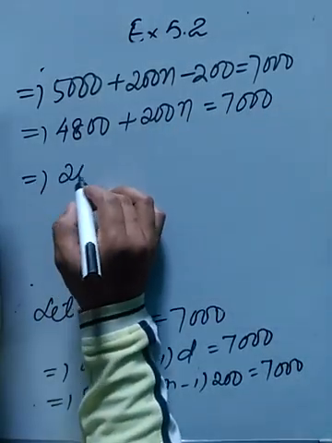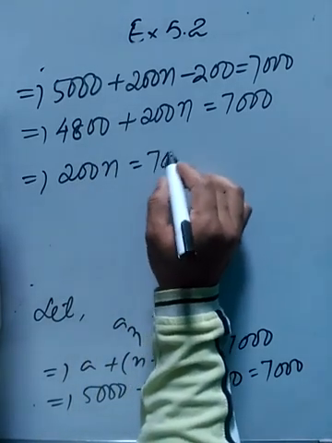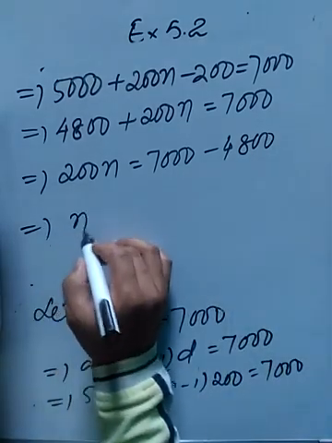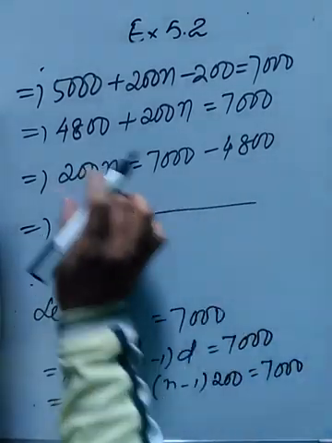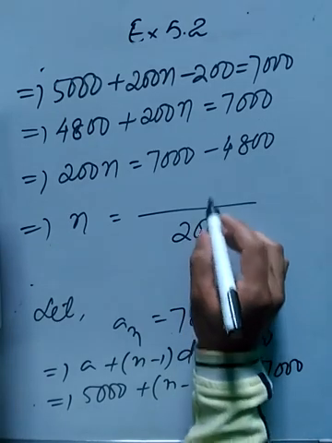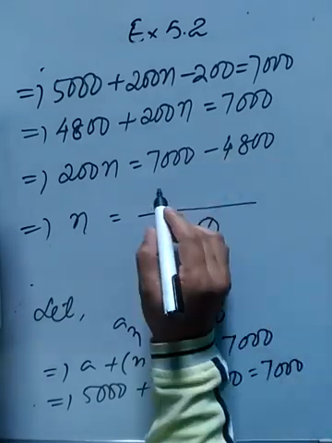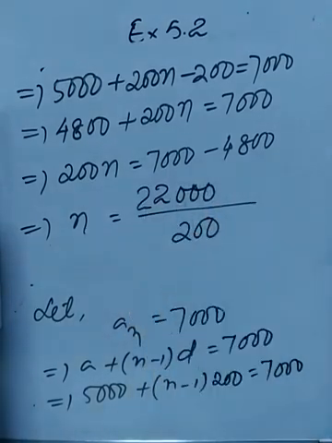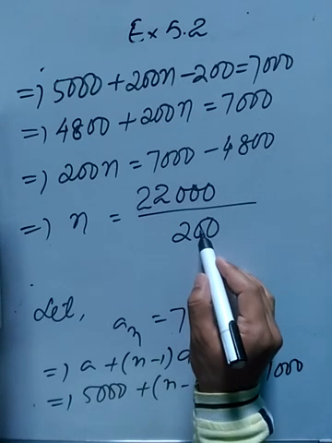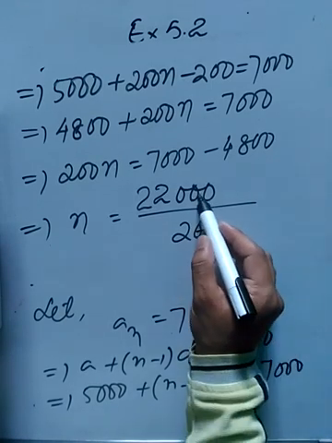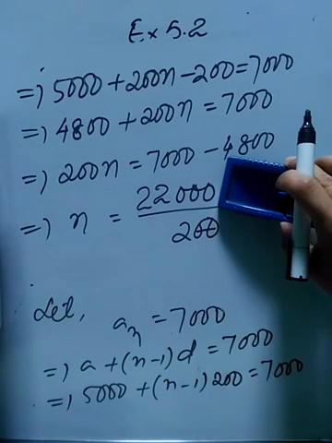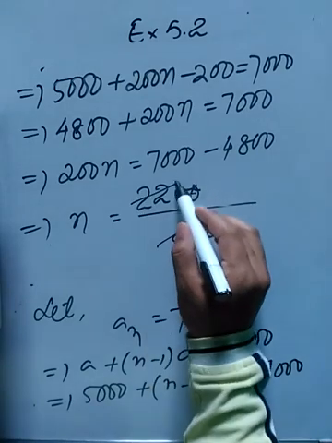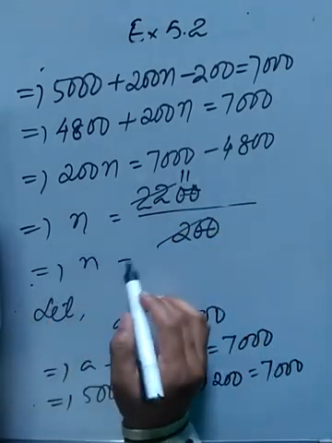So 200n will be 7,000 minus 4,800. So the value of n will be, 200 will come down here, and 7,000 minus 4,800 will be 2,200. Oh, I'm writing here 22,000, sorry. Okay, zero zero I cancel, so 2 11 22, so n is 11.